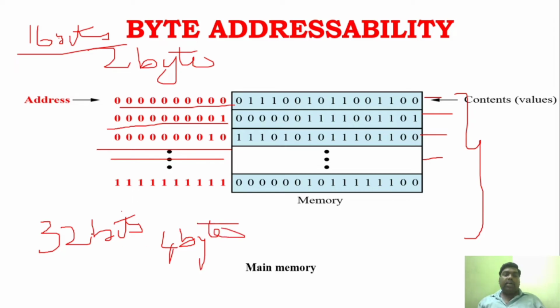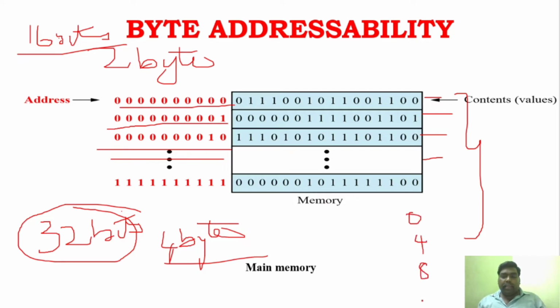Which means for a 32-bit word, the memory allocation will be split into 4 bytes. For 32 bits, it will be separated into 4 bytes. That is 0 to 4, 4 to 8, and 8 to 12, like this. So each and every address will be in multiples of 4, because it is a 4 byte address.